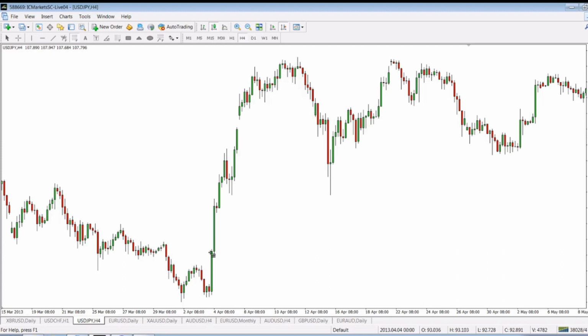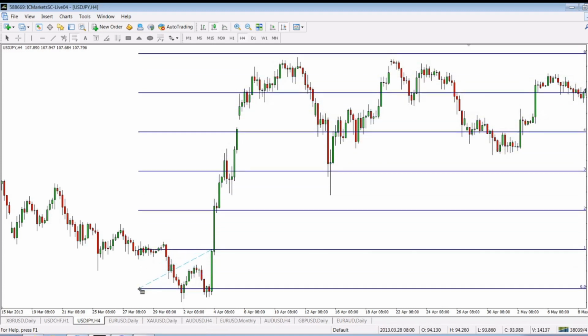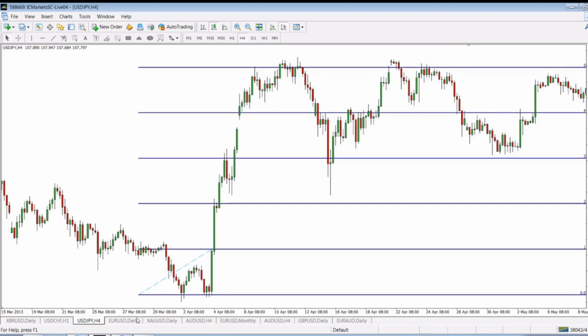If we know it started here and we don't know where it's going to stop, we can also drag the line over here on the first candle. And what you see here is that the market stopped at 5 times the value of the first candle. Over here, it found strong resistance.